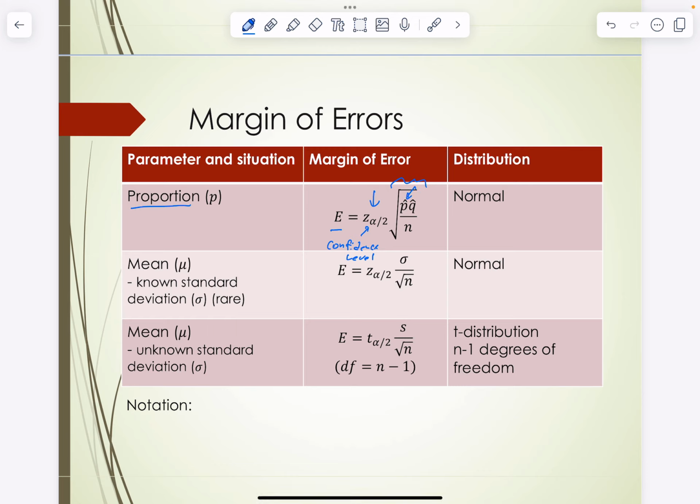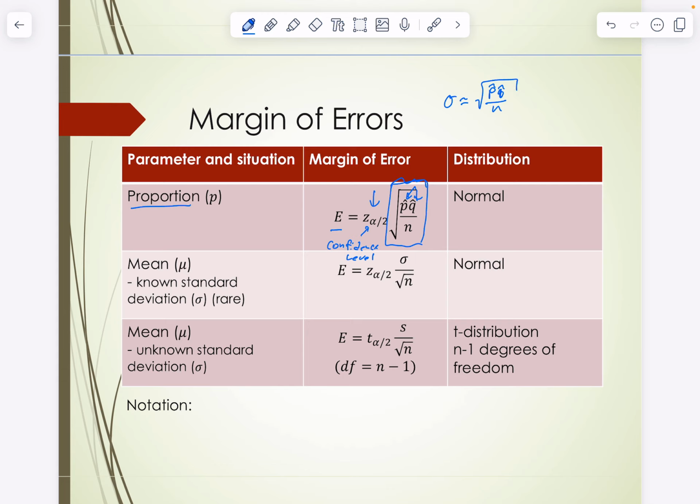The p hat and the q hat are from data. This bit right here is an approximation of a standard deviation, so something like sigma is approximately the square root of p hat q hat over n.